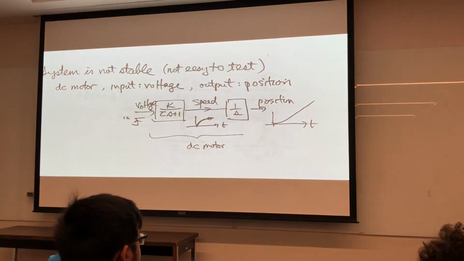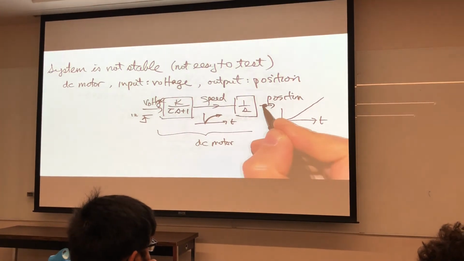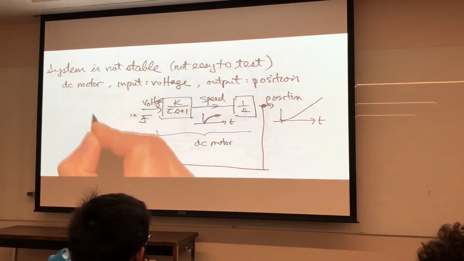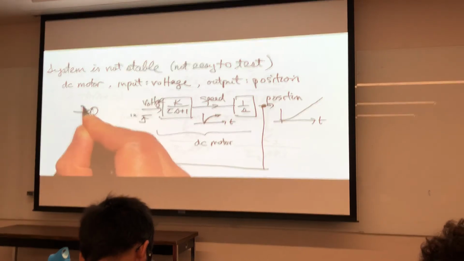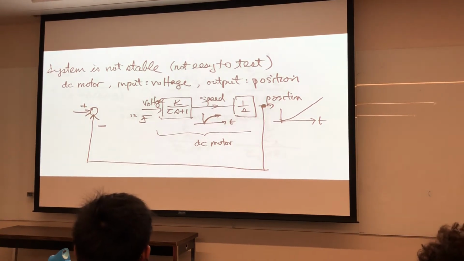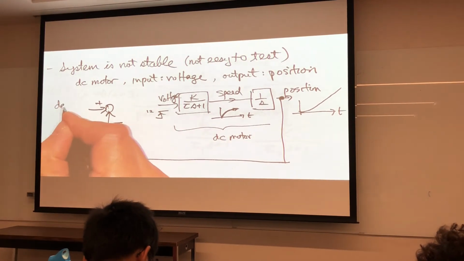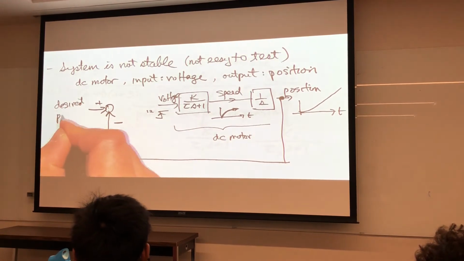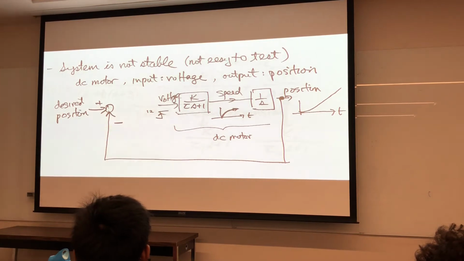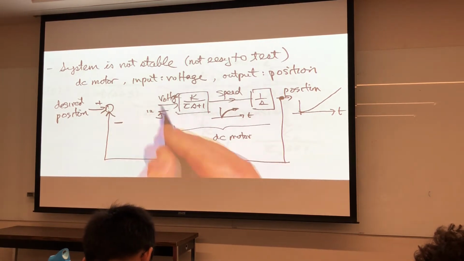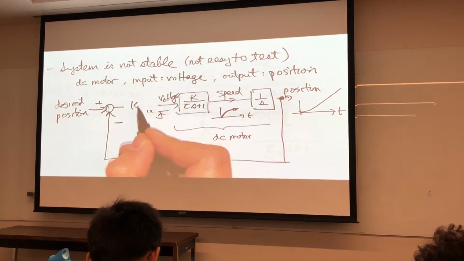One thing that we can do is we can say, let's put this thing in a feedback configuration. I'll go ahead and set up my robot. I'll build it. Okay? This is desired position. This is actual position. I get the error. Then I maybe multiply by some gain like this.